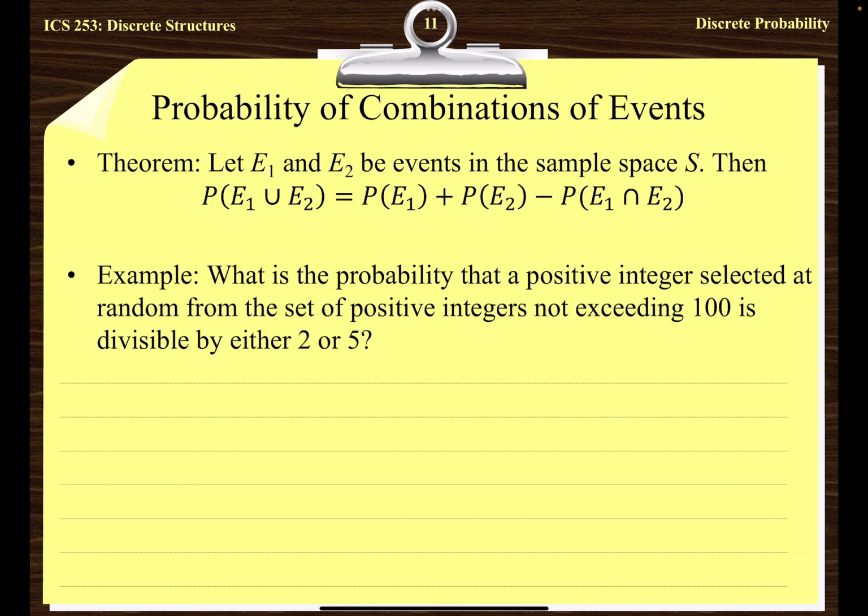Again, another example of something that we have seen in chapter 6. Let E1 and E2 be events in the sample space S, then the probability of E1 union E2 is equal to the probability of E1 plus the probability of E2 minus the probability of E1 intersection E2. Have we seen this before? Yes.